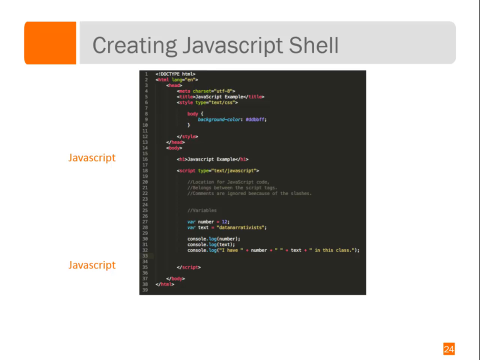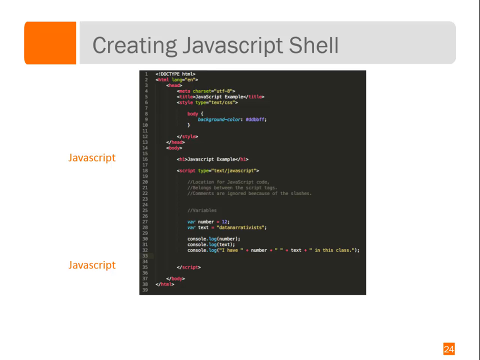The console log. So basically, your browser has what's called a console in it. You can think about it as kind of like a temporary storage area for data. And so what we're going to do is these variables will basically capture values, and then we're going to write them out to the console.